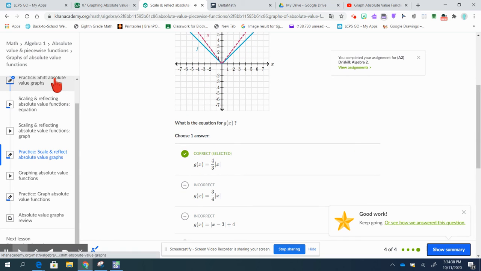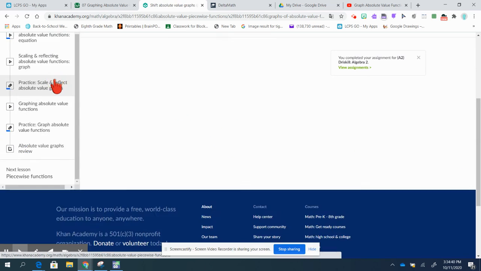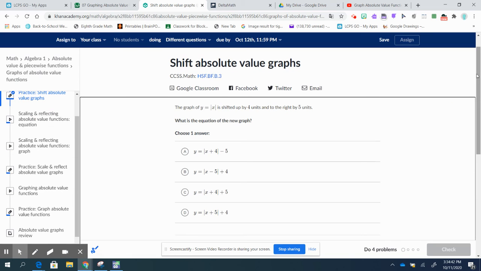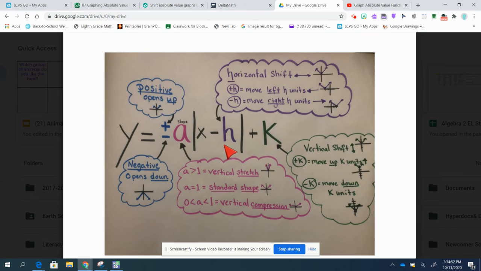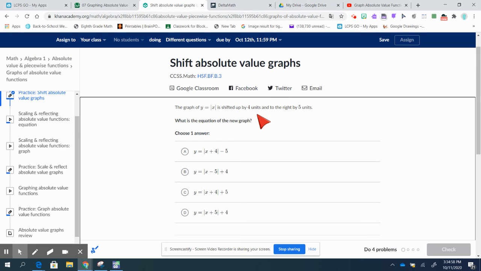Okay, let's see if we can quickly practice shift absolute value. Okay, the graph of y equals the absolute value of x is shifted up by 4 units and to the right by 5. So if we go back here, we know this one, the vertical shift, the k is our up and down. All right, so we know we went up by 4, so we know we need a positive 4 there.